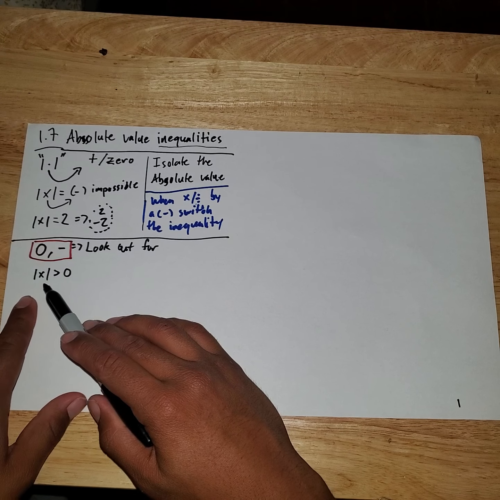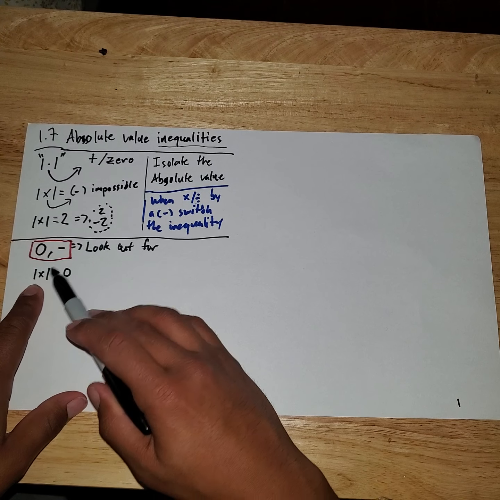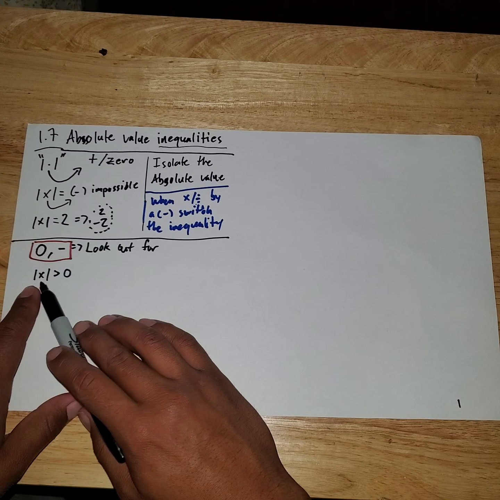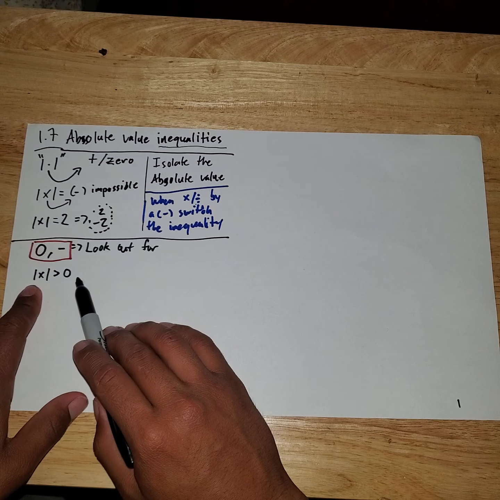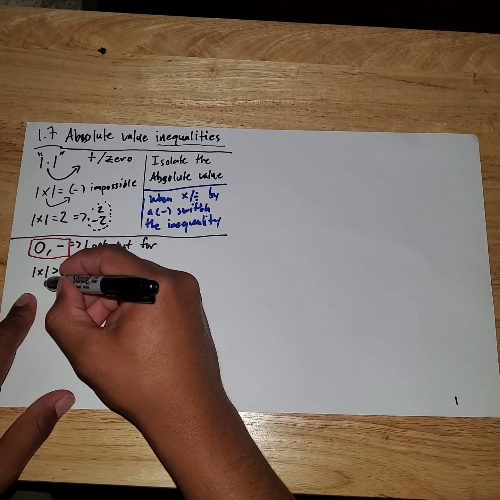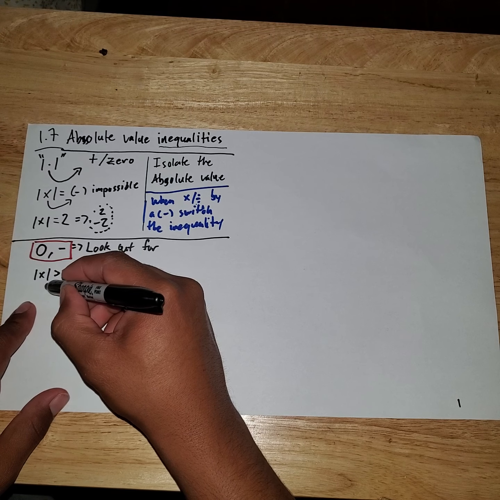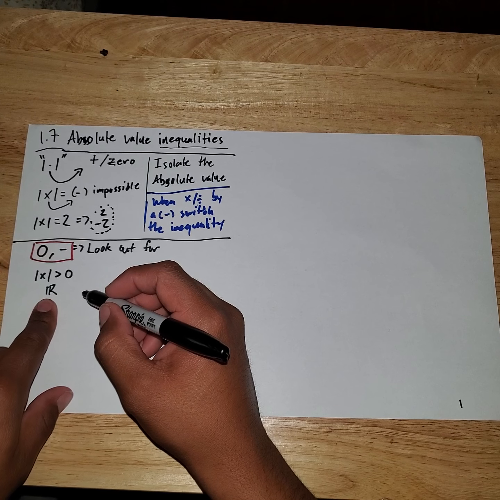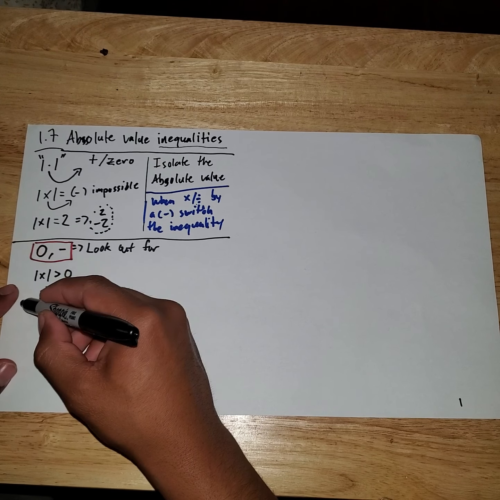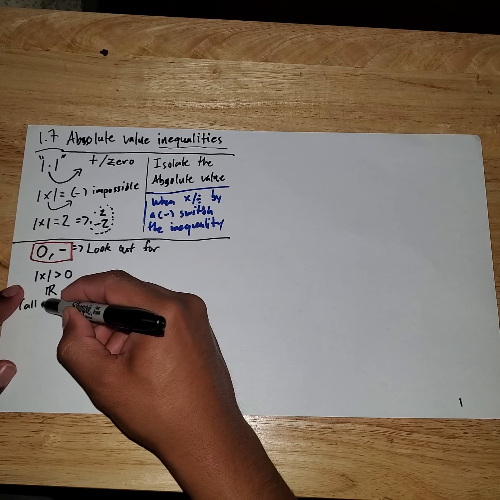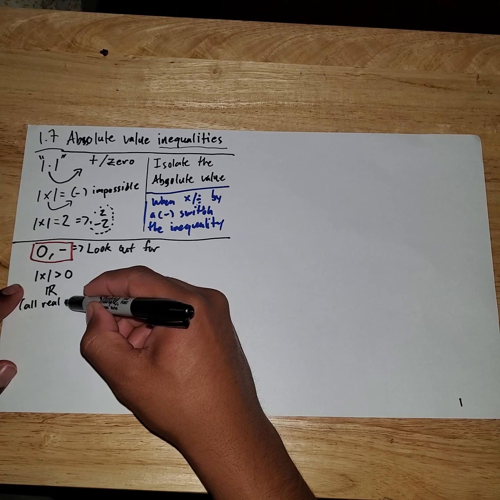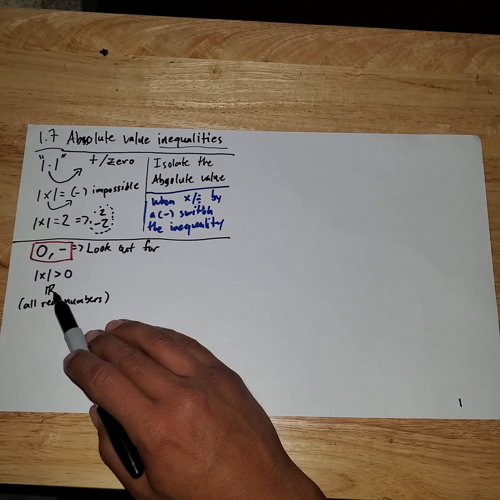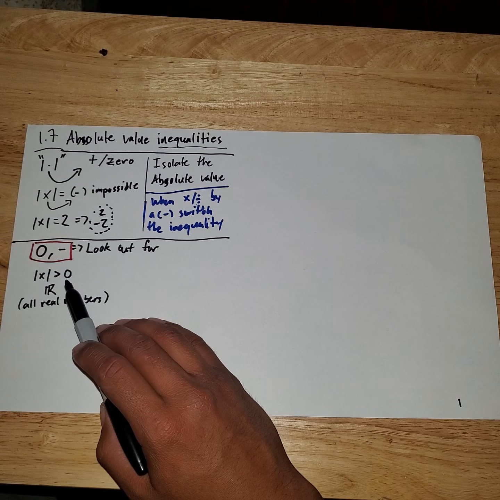remember, the things that come out of an absolute value are either positive or 0. And how many numbers are greater than 0? There's an infinite amount of numbers. So if you guys don't remember the symbol, this means all real numbers, because there's an infinite amount of numbers that are bigger than 0.